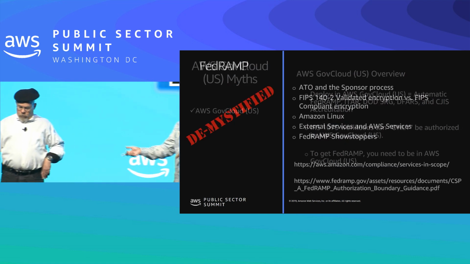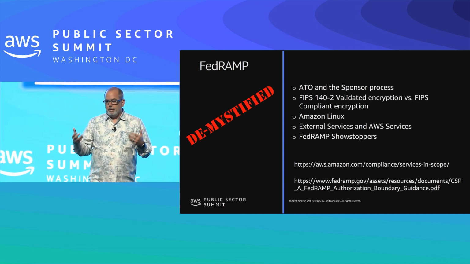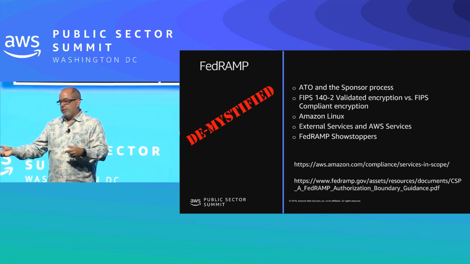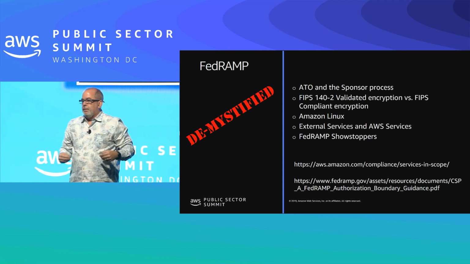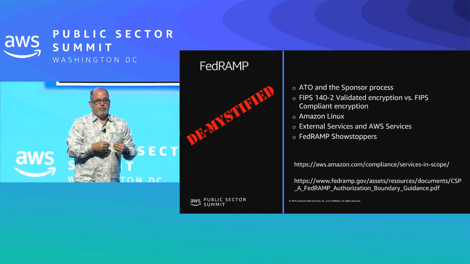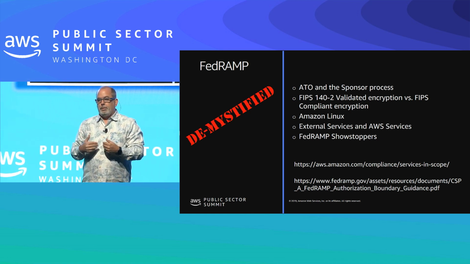And one more, if you back up one. The other one right there is one of the real valuable links. If you are building regulated workloads on AWS, make sure that you're checking that services in scope page, that the service is not only in scope, say it's in FedRAMP or DoD, but that it's in scope for our existing FedRAMP accreditation so that you can leverage it.